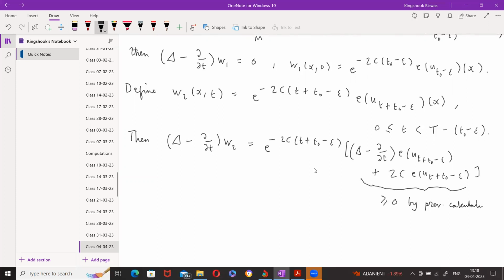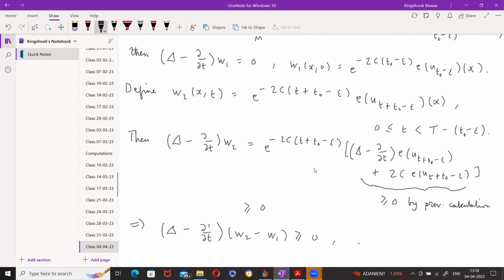Yes? Yeah, we did this calculation. This is greater than or equal to 0, right? Okay. So the whole thing is greater than or equal to 0. So that implies that Laplacian minus del del t of W2 minus W1 is greater than or equal to 0, right?